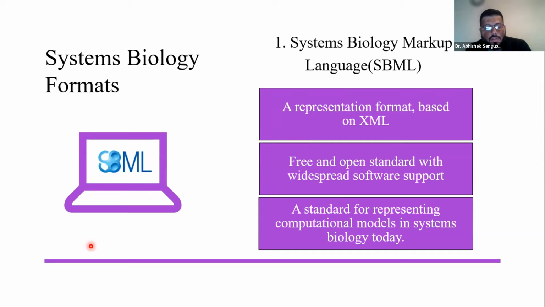There are free and open standards with widespread software support. They can represent many different classes of biological phenomena, including metabolic networks and cell signaling. So all those intracellular types of networks can be represented using the SBML file format.